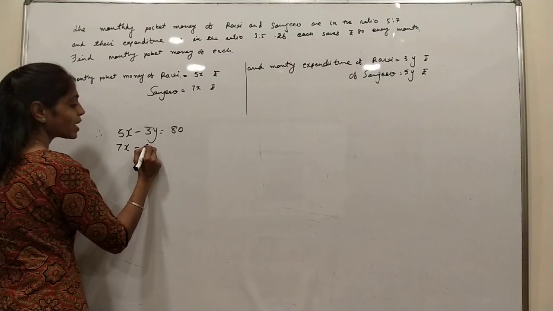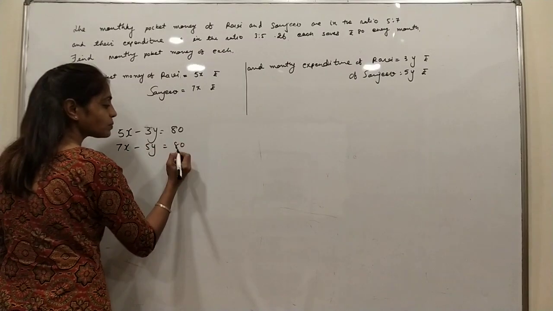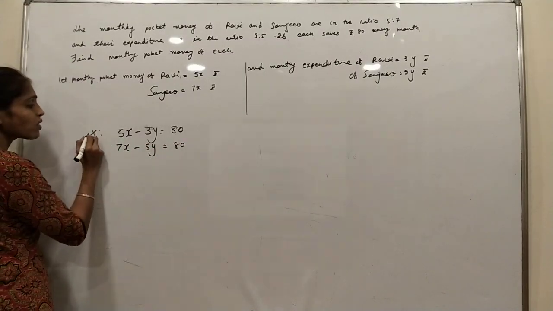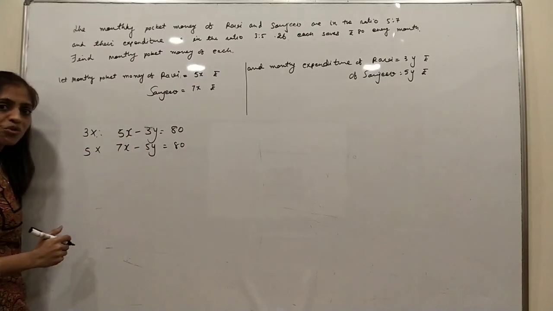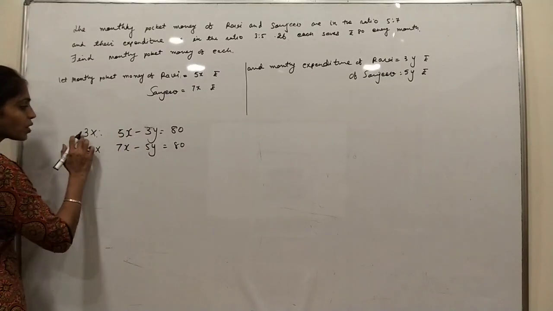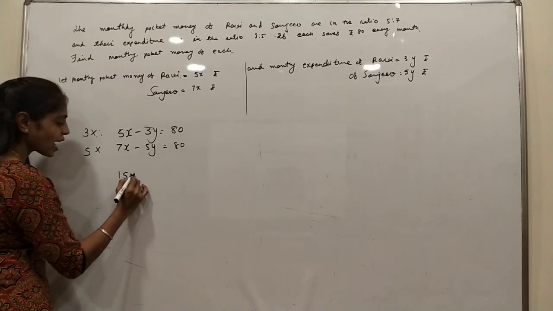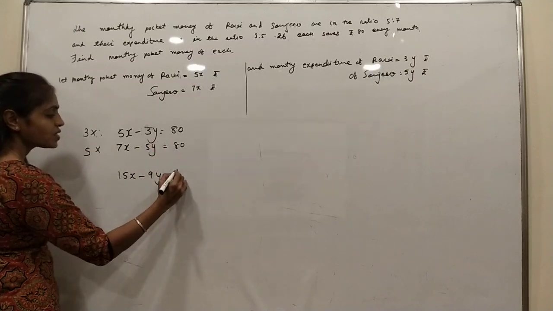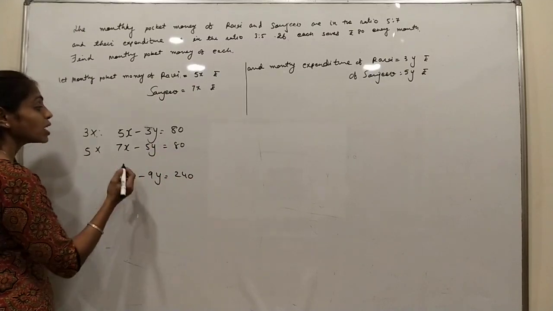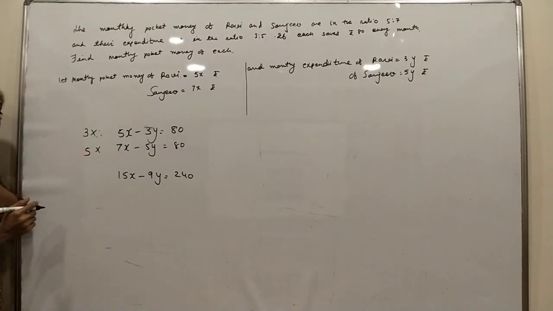And 7x minus 5y is also 80. Now multiply equation number 1 with 3 and equation number 2 with 5 to make the coefficient of y equal.